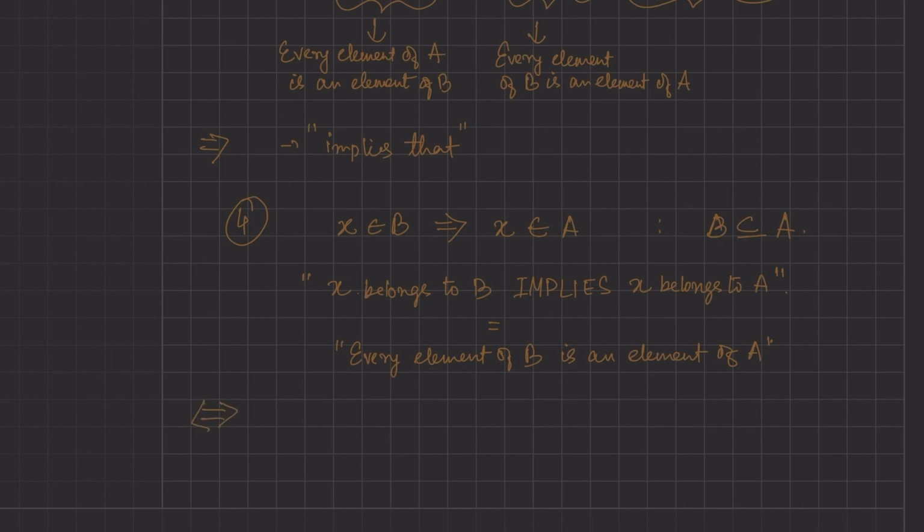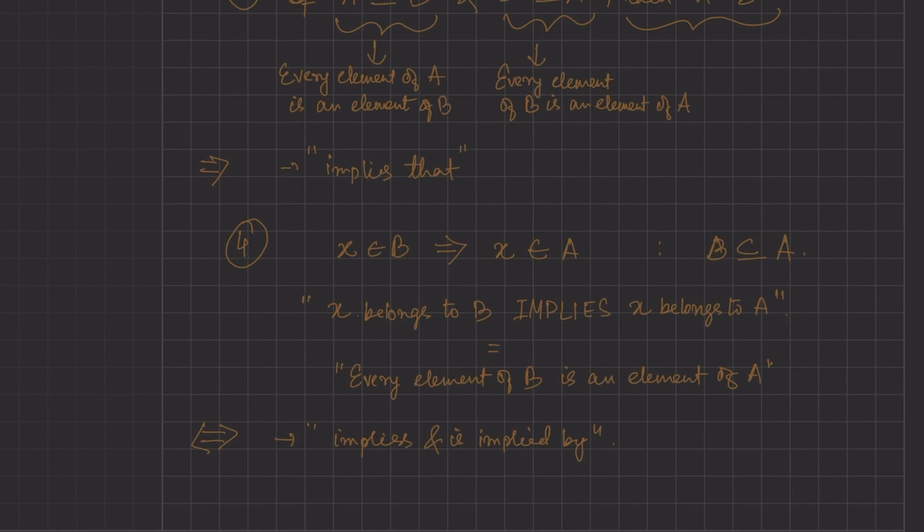Now I'm going to introduce another notation, which is the double implication sign, which can be read as implies and is implied by. So essentially, let's take this particular example.